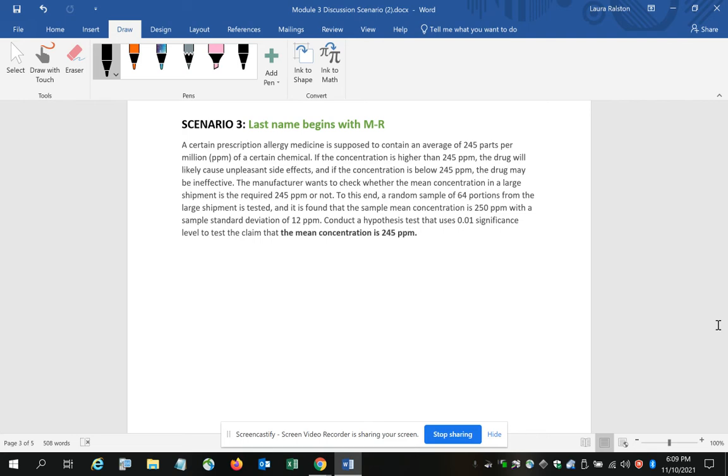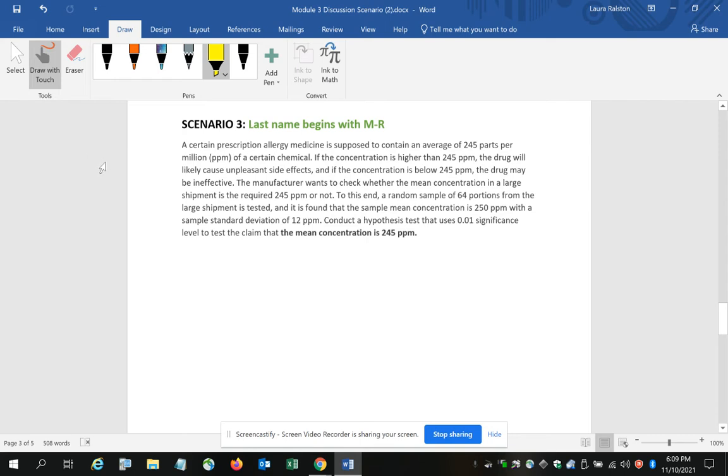Conduct a hypothesis test that uses a 0.01 significance level to test the claim that the mean concentration is 245 parts per million. Now, here again, we need to initially identify the hypothesis.